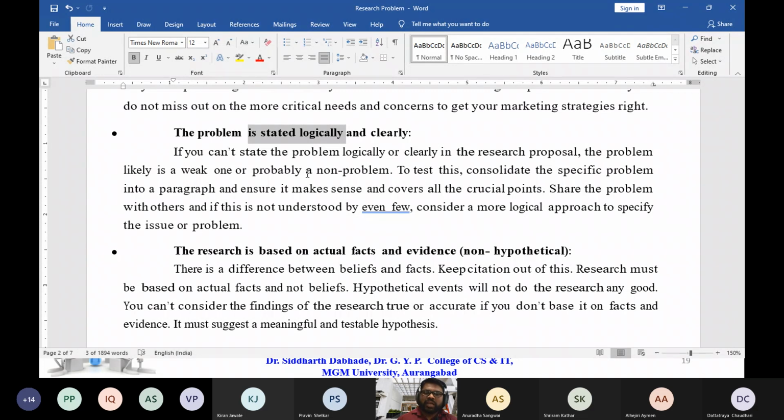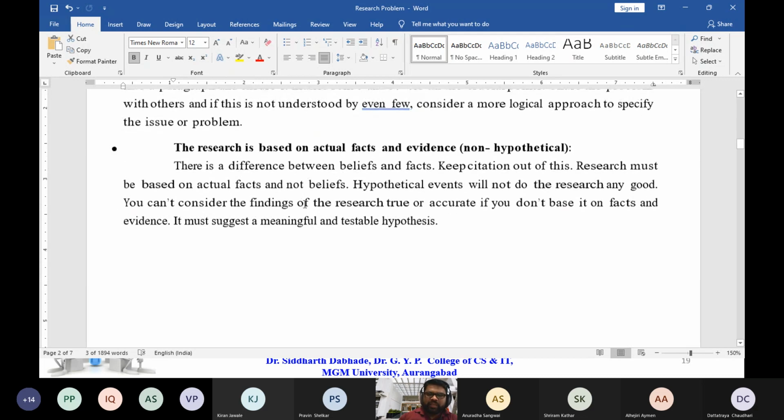What are the weaknesses, and how are you going to overcome those weaknesses? That should be clear, logical, and technically proven. There is a certain base required behind that. So we require it to be logically clear.